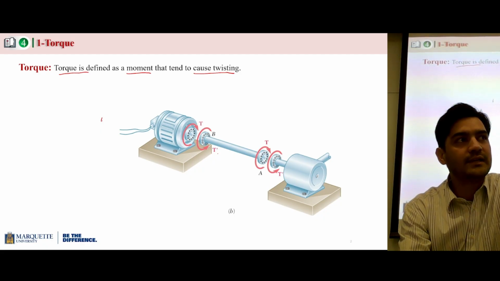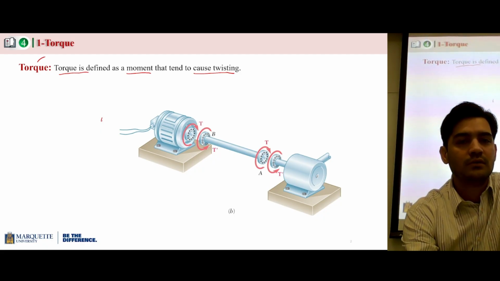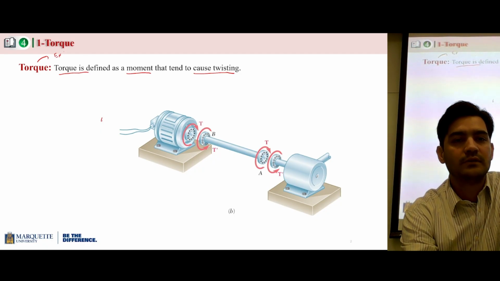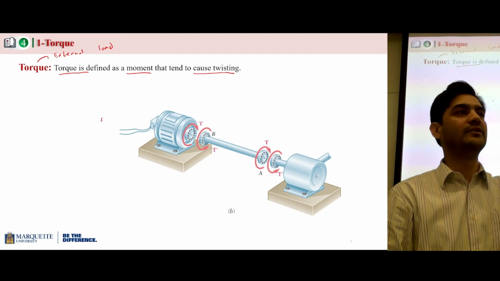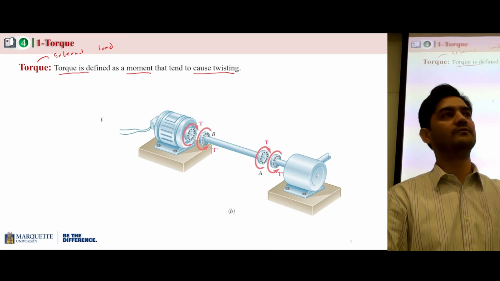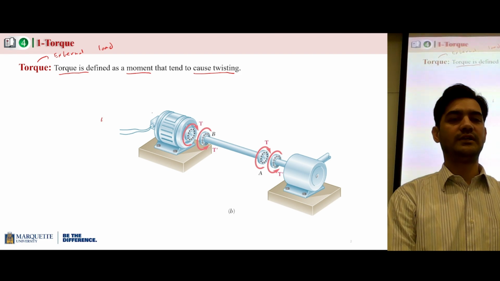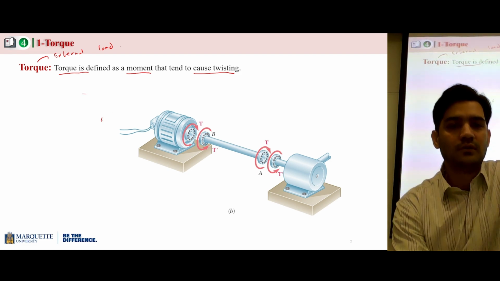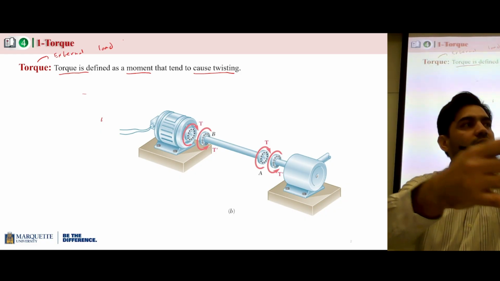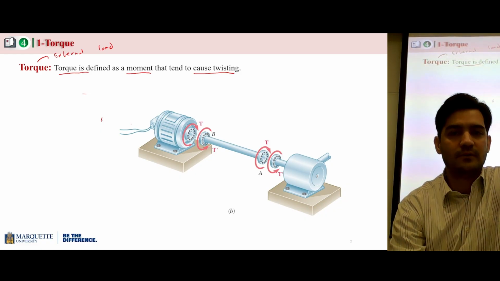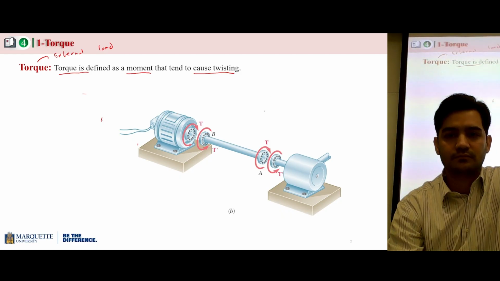So torque is basically an external load. This torque is an example of external load. So we have external loads, then you have reaction loads, and then you have internal loads. So it's an external load, and as a reaction you will have a reaction load, and you can also calculate the internal loads from equilibrium equations.